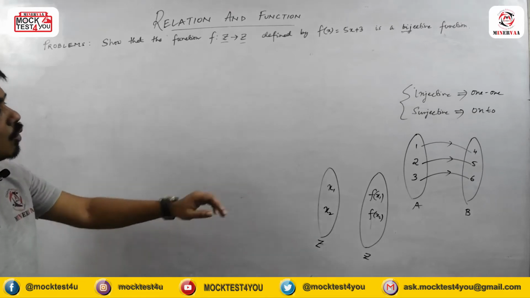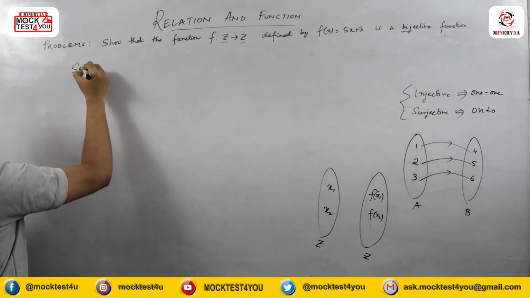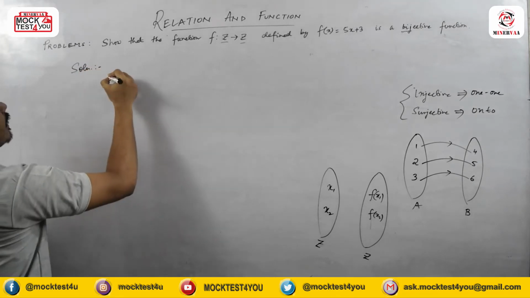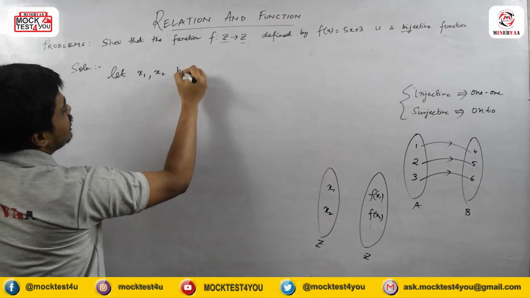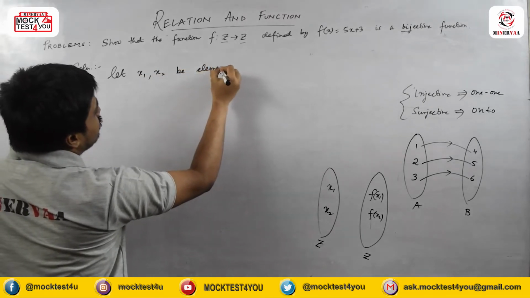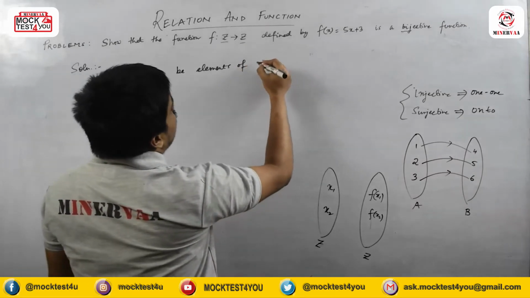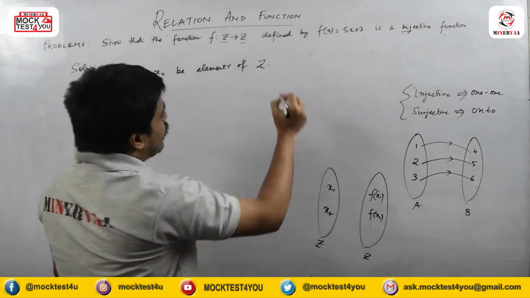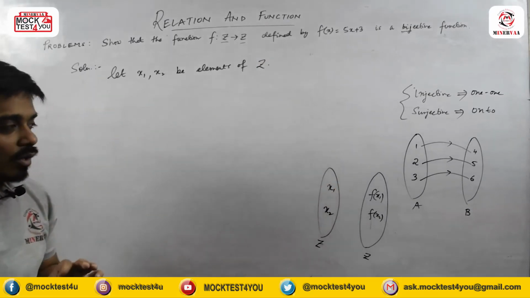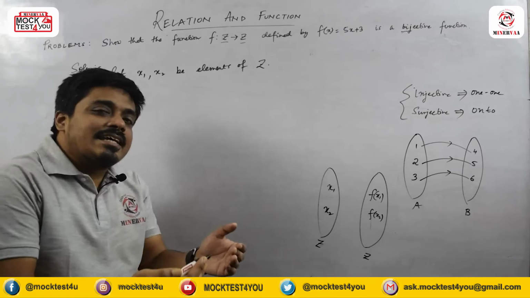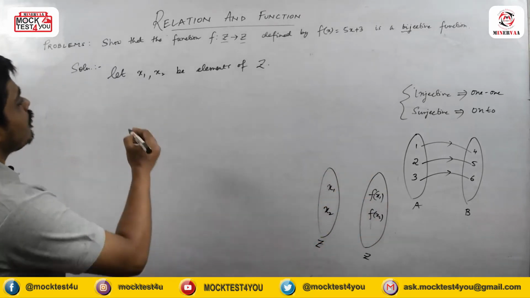So listen carefully. First thing I will write is the solution. Let x1, x2 be elements of Z. Okay, so I'm taking x1 and x2 as elements of Z. Now listen very carefully. Suppose I say that f(x1) is equal to f(x2).